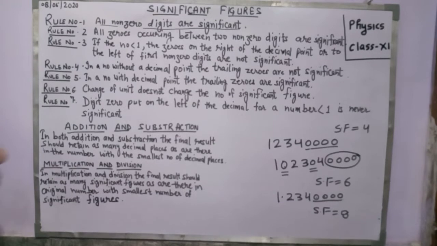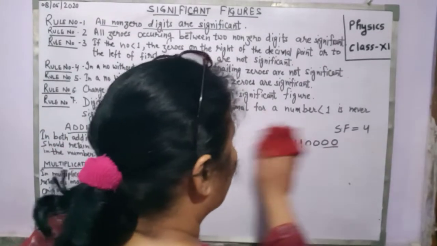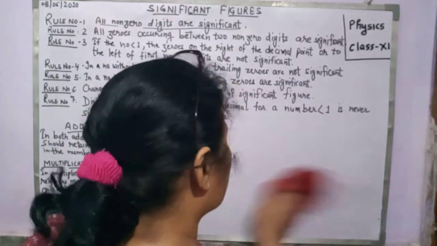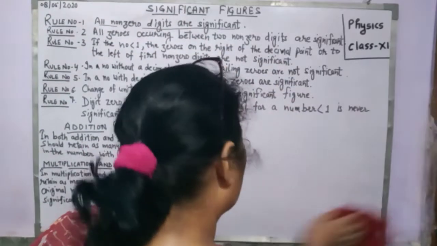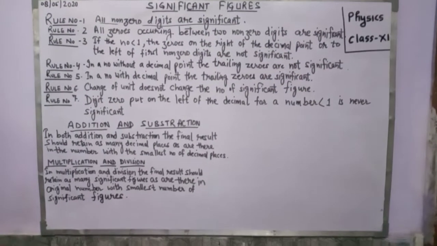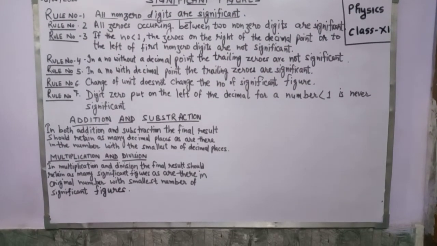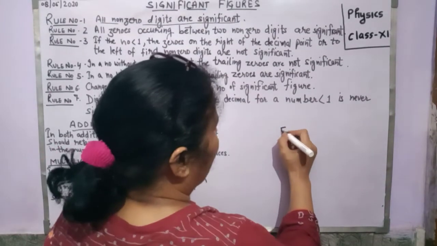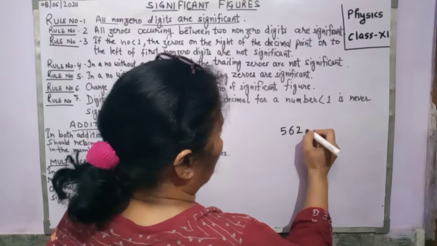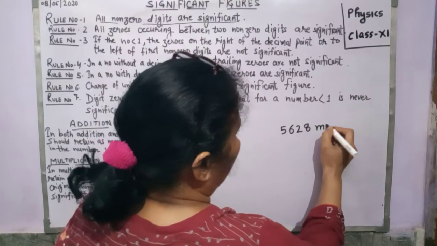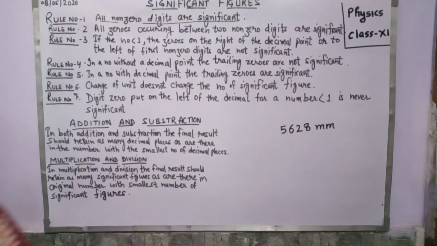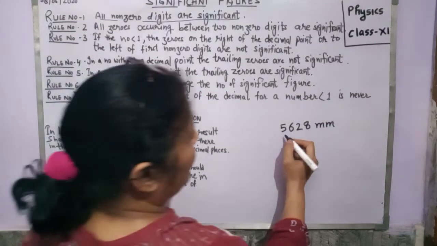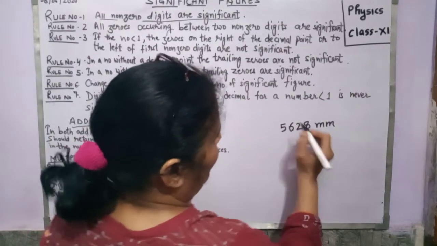That means whether it is measured in SI units or in CGS units or in any other units, the number of significant figures remains the same. Suppose the measurement is 5,628 millimeter. Then the number of significant figures is 1, 2, 3, 4.